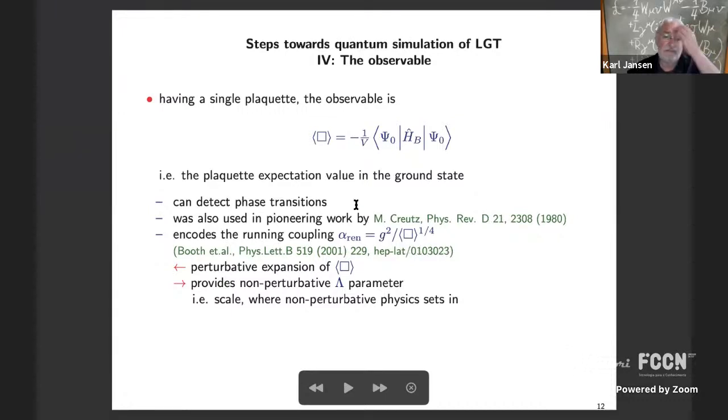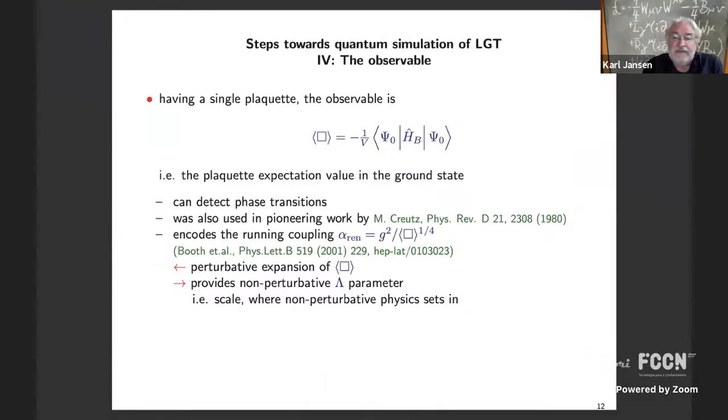And maybe just to say this for those who know, you can do a perturbative expansion of the plaquette expectation value, and then you can match this to a non-perturbative simulation. And this allows you to calculate actually the lambda parameter, which is the scale of your system when non-perturbative physics sets in. So this is a very important scale or parameter of the theory.